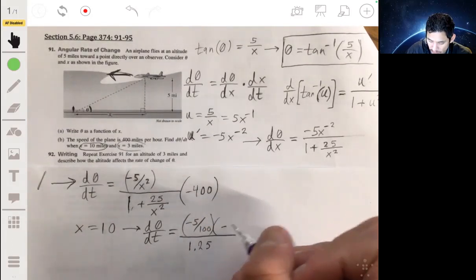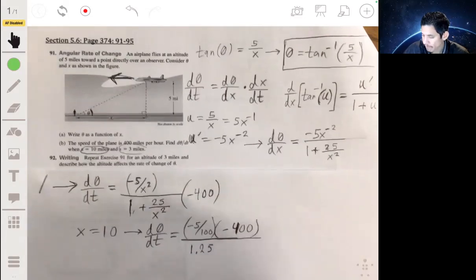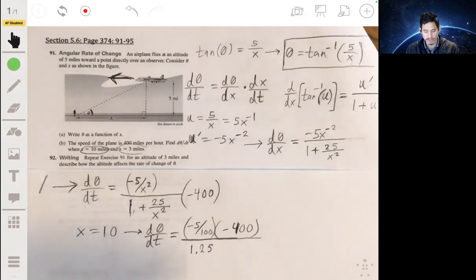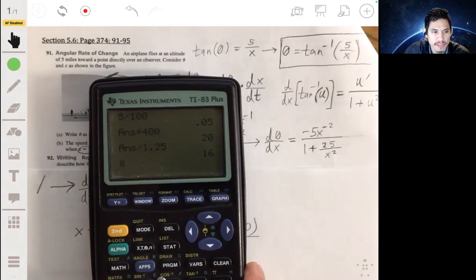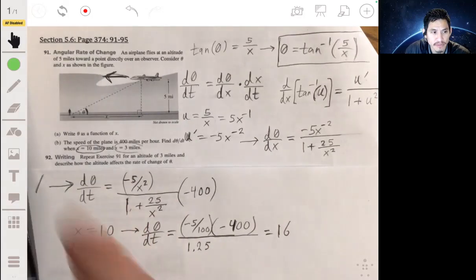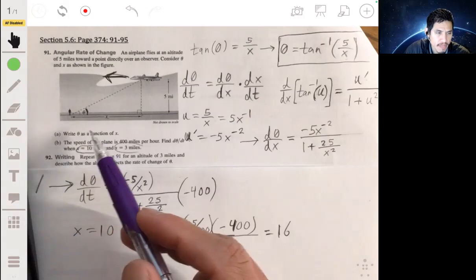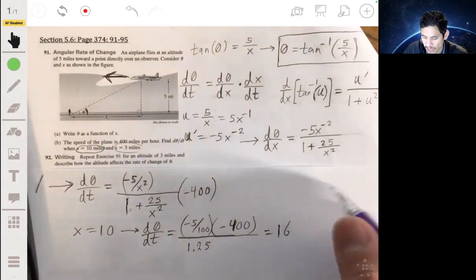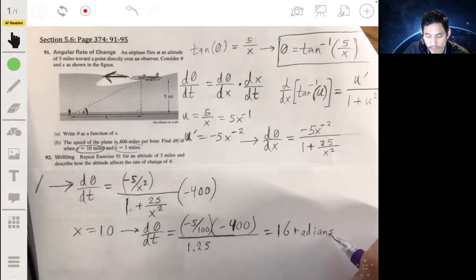And all this times -400. We can go ahead and use our calculator for this. We get a nice whole number, 16. Since we're looking for the change in an angle theta, we're always going to assume radians if it doesn't specify. So we're going to say 16 radians per hour.